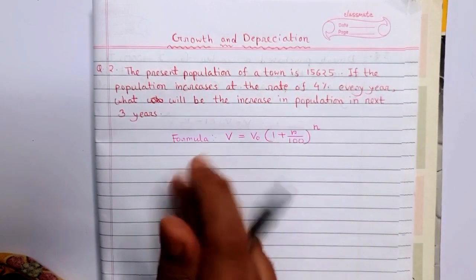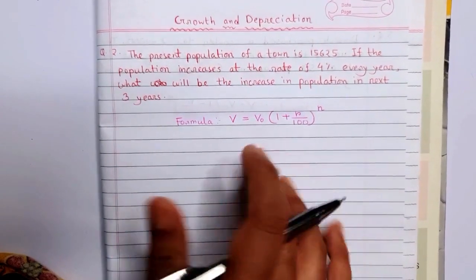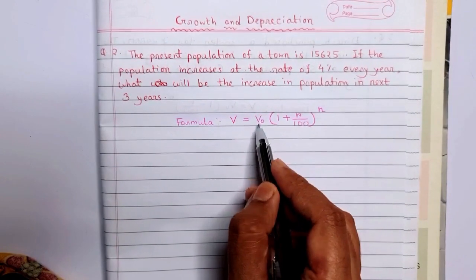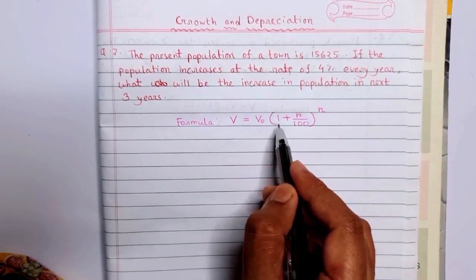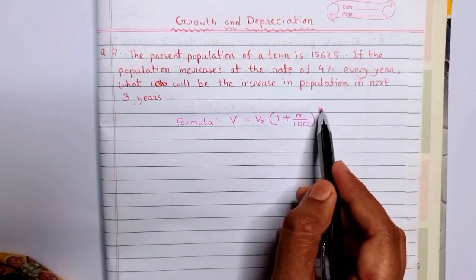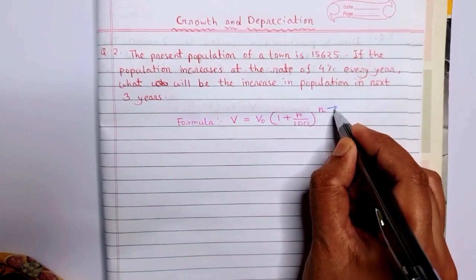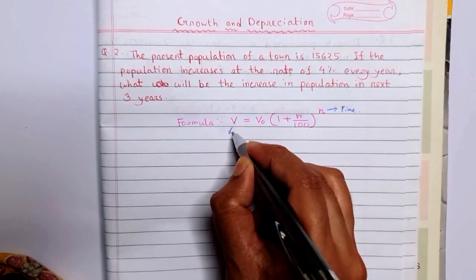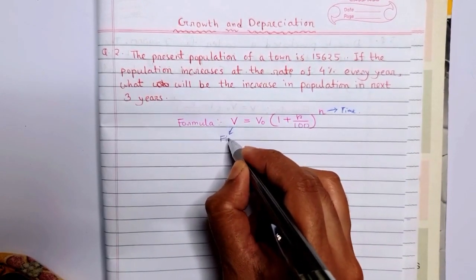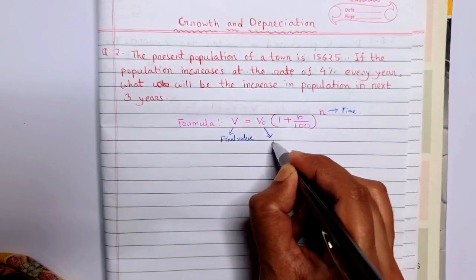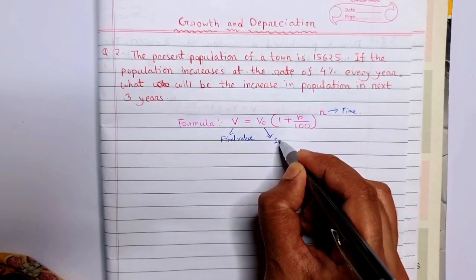Let's take a look at the formula. The formula is V equals V0 times (1 plus R by 100) whole to the power n. This n is the time. This is the final value, and this is the initial value, that means starting value.